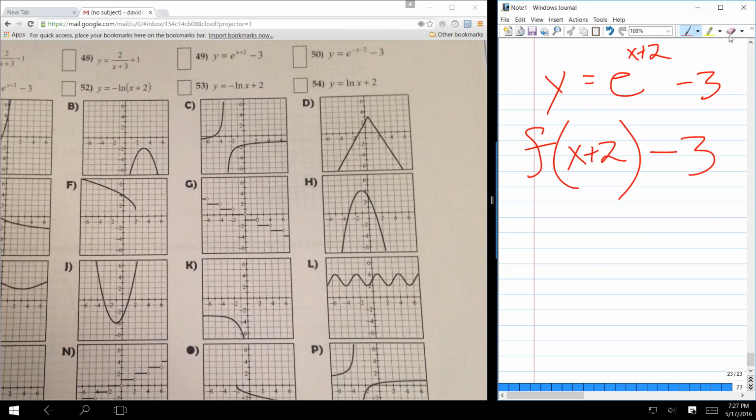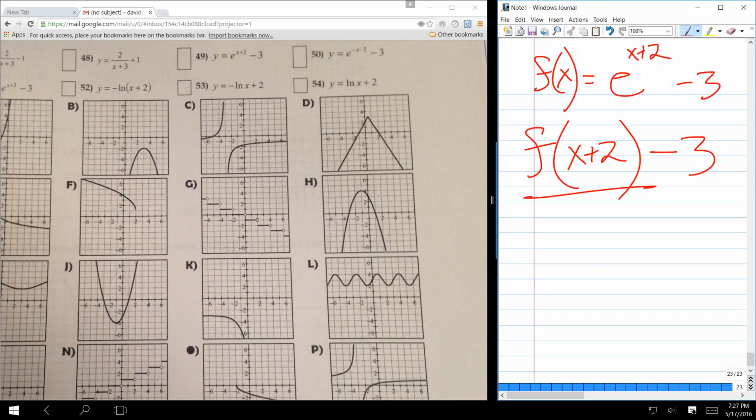In other words, it's important that you be able to do this little exercise, because you always get it after it's been shifted, and you have to be able to figure out that it's that to know what kind of shift it is. So what is that plus 2 doing? It's moving it 2 to the left.